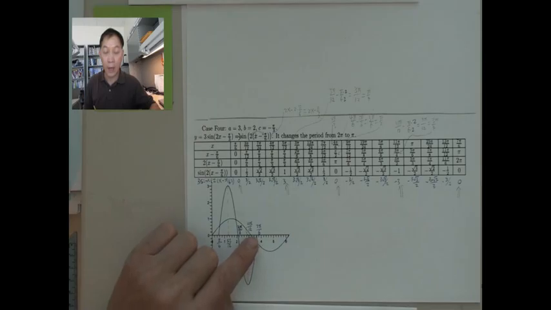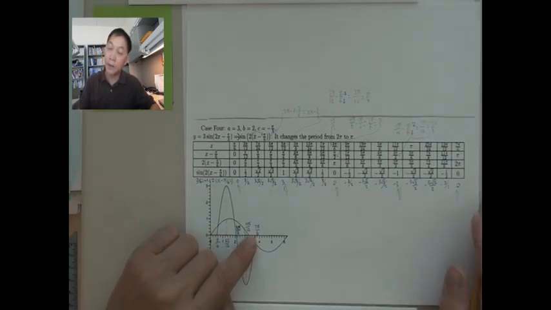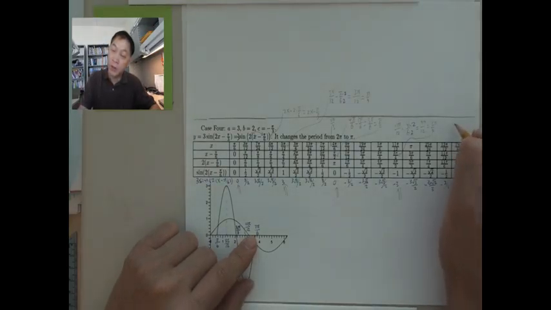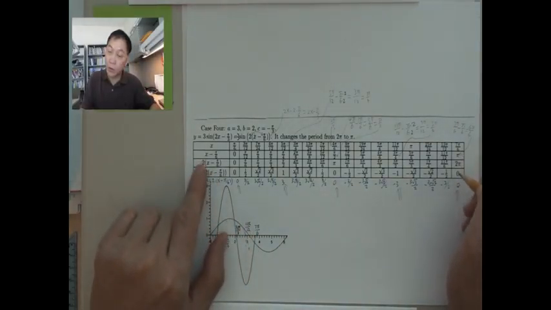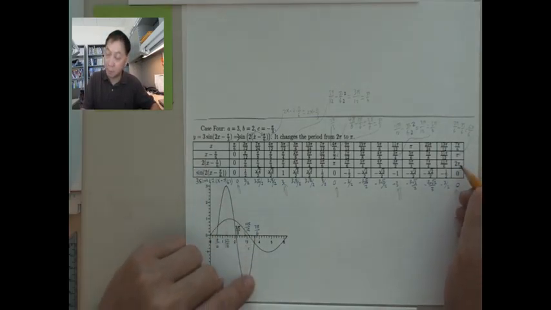Okay. Now, last one. That's x equals 7 pi over 6. 7 pi over 6 minus pi over 6. That's 6 pi over 6. So you get pi here. Times 2. So you have 2 pi. Okay? And you have 2 pi, then sine 2 pi is 0.